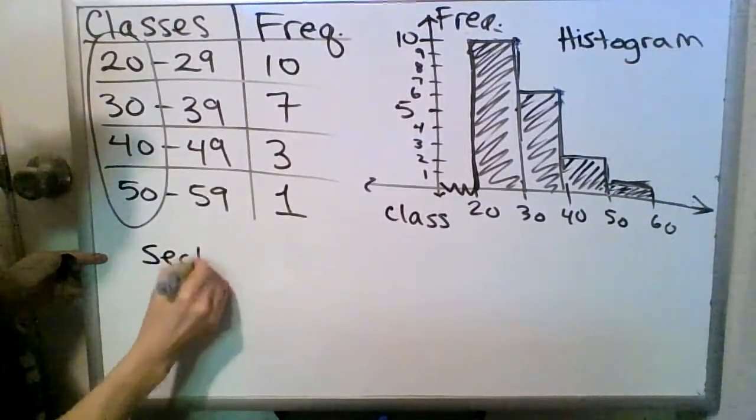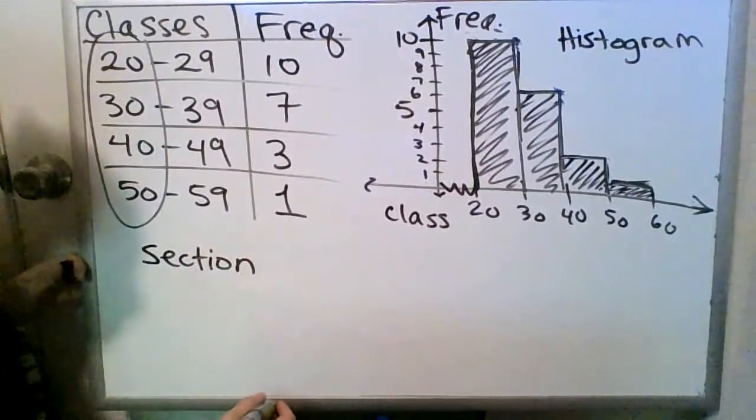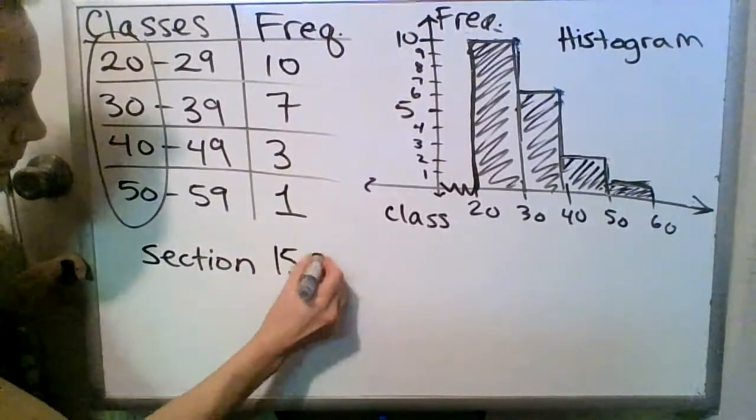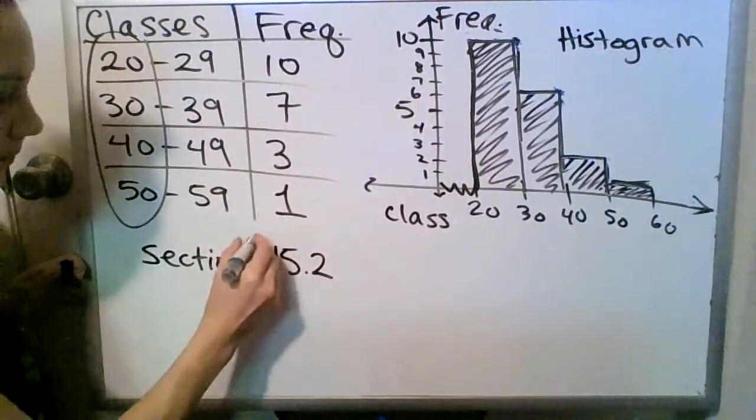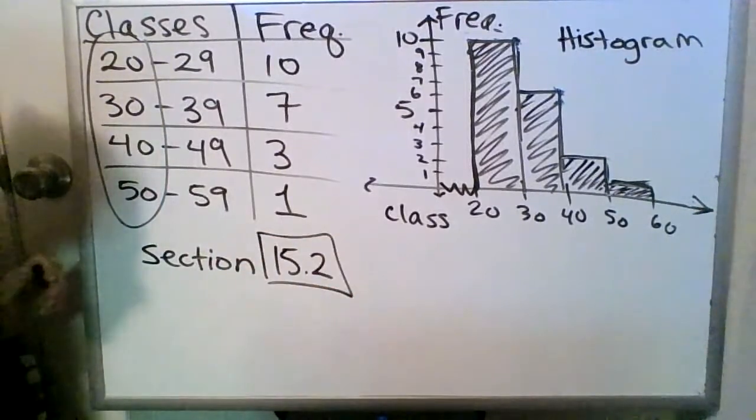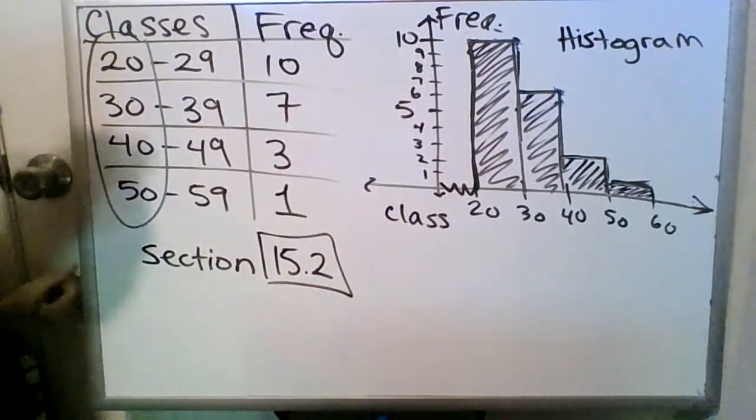For section 15.2, main topics are mean, median, mode.